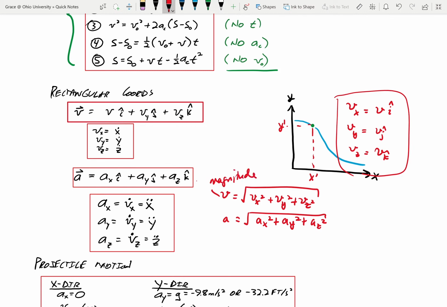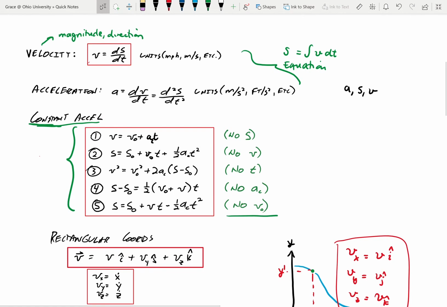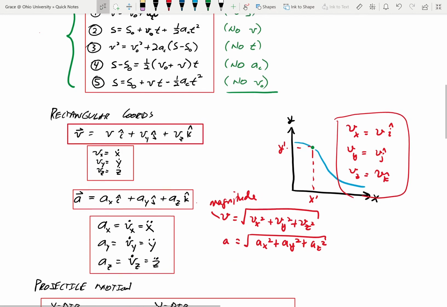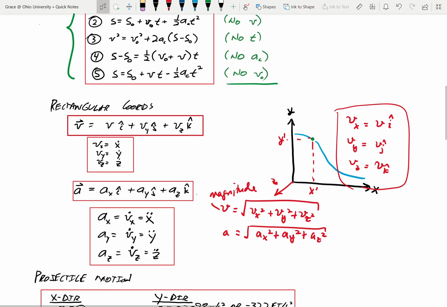That's kind of nice to have. So in the same way, looking back up here, when you're trying to find velocity, acceleration, and whether it's a constant acceleration or not, you can break it up into rectangular coordinates, which is just break it up into your simple Cartesian coordinates that you're used to, x, y, and z as needed, right? Or be able to break it into some kind of components, be able to use it.